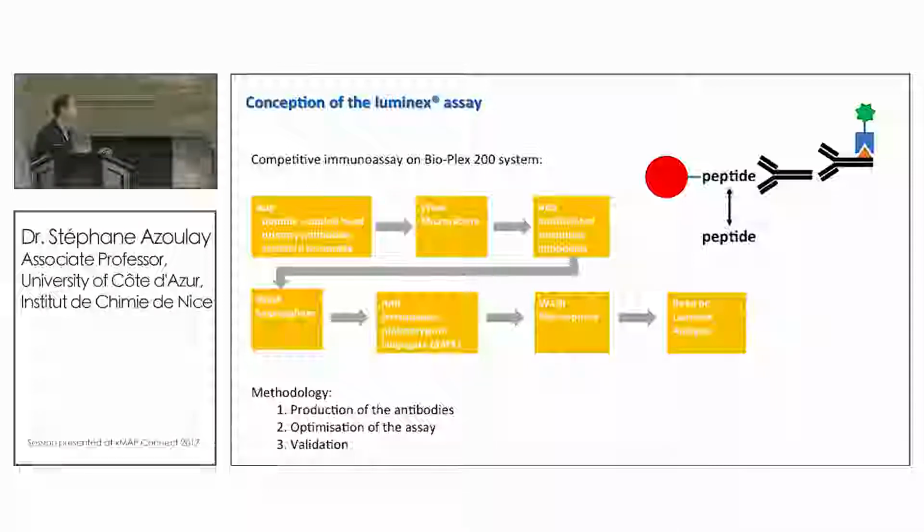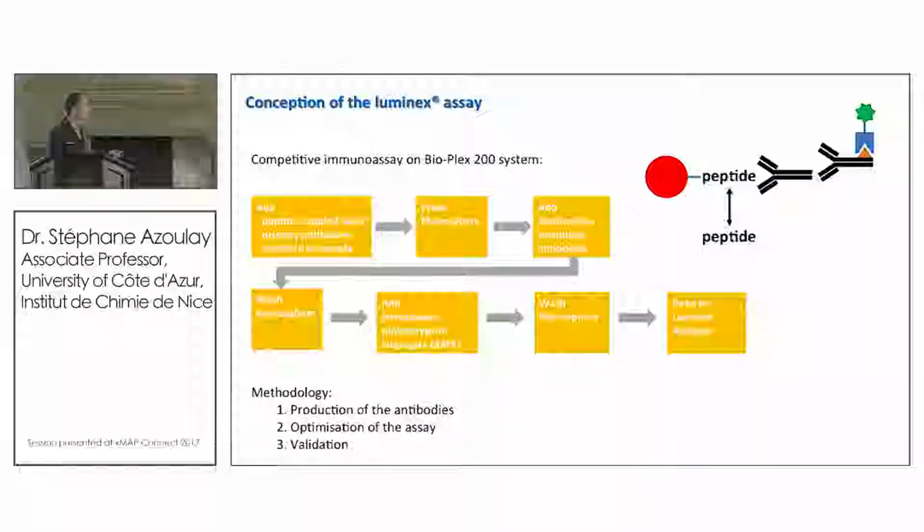In the competitive immunoassay, the primary antibody is detected by a biotinylated secondary one, and the reporter is identified through the streptavidin phycoerythrin reporter.